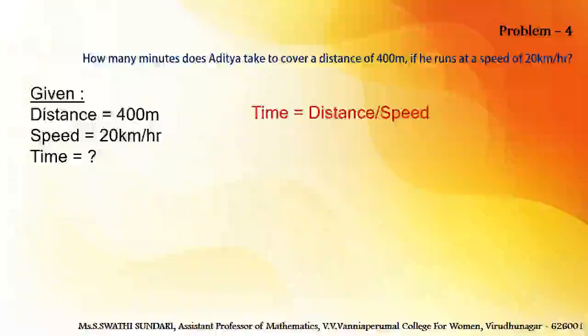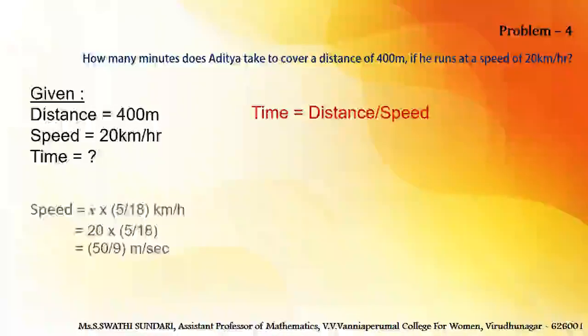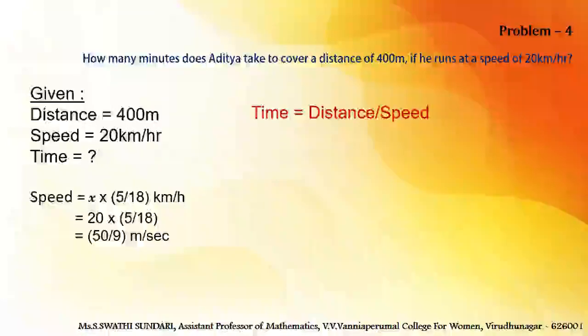Here the formula is time equal to distance divided by speed, and the speed is in kilometer per hour while the distance is in meter. So we convert into meter per second. Speed, which is equal to 20 kilometer per hour, is converted into meter per second. So 20 into 5 by 18. We simplify that and get 50 divided by 9 meter per second.